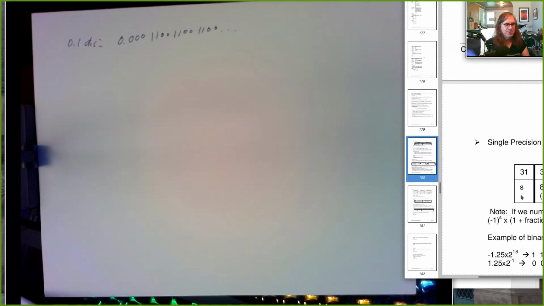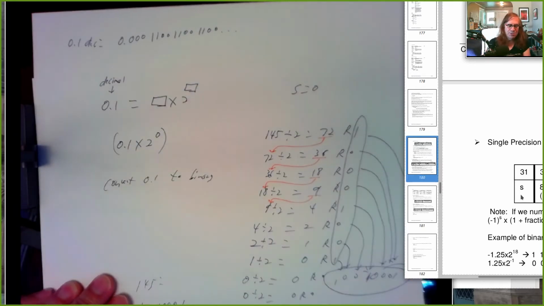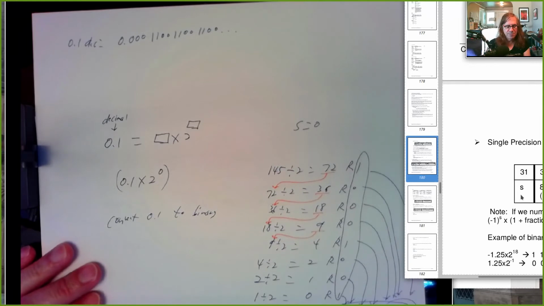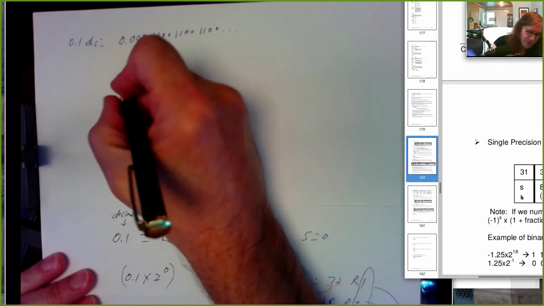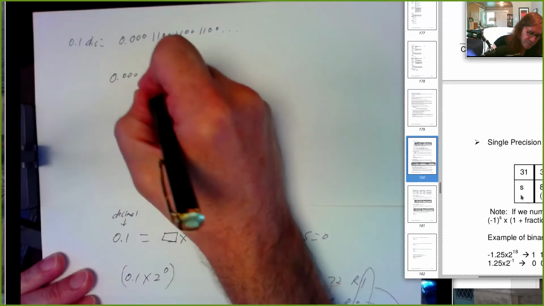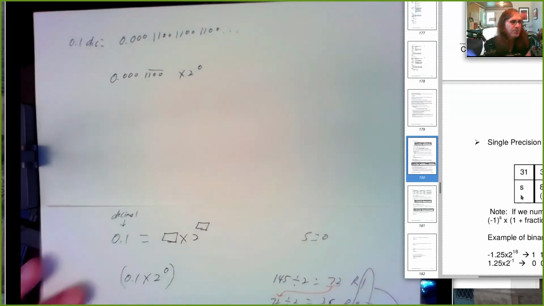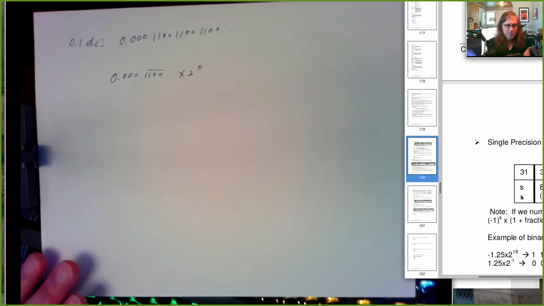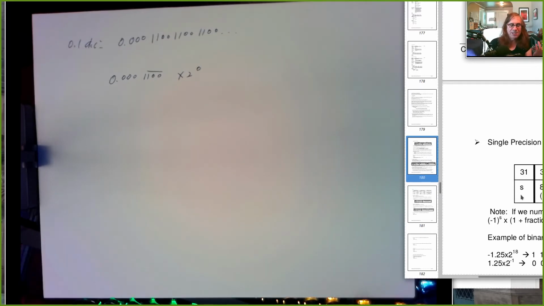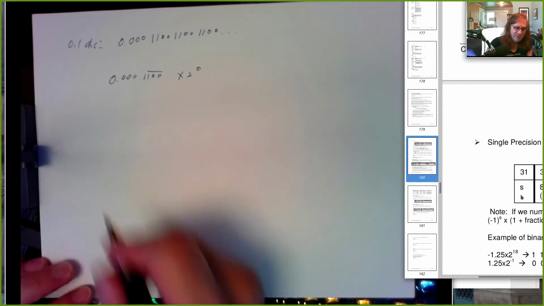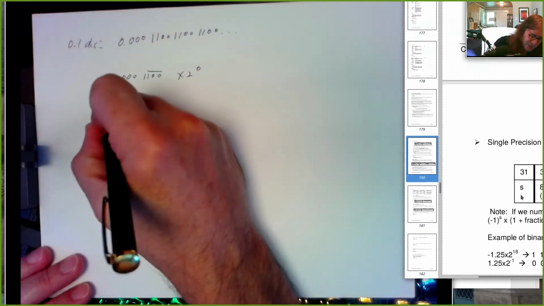And now we want to put this in the form of something times 2 to the something. Writing it in binary, I could write it like that: something times 2 to the 0, but that's not normalized. So my goal is to get a 1 to the left of the decimal point. So I need to move the decimal point over 1 spot.